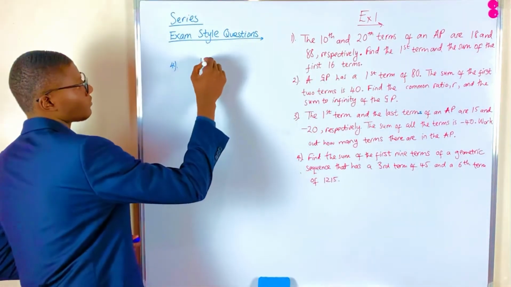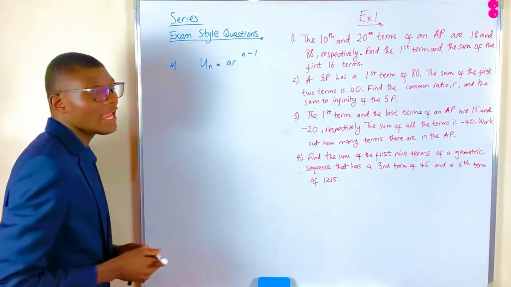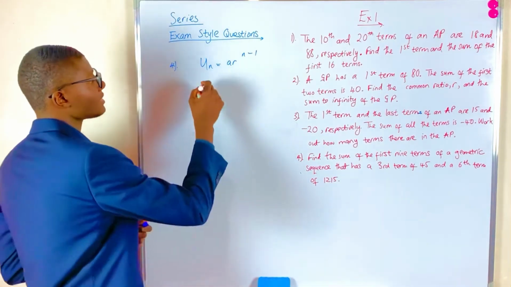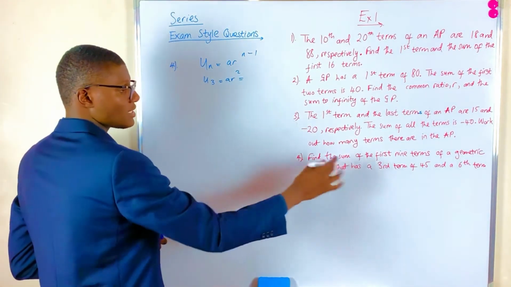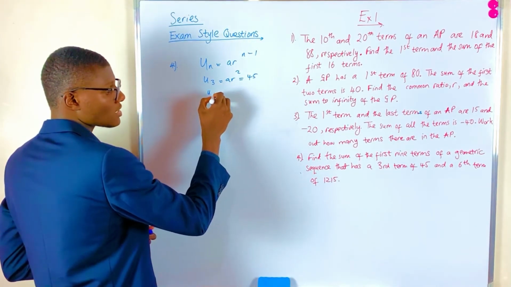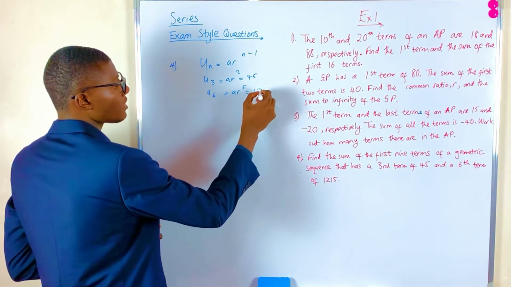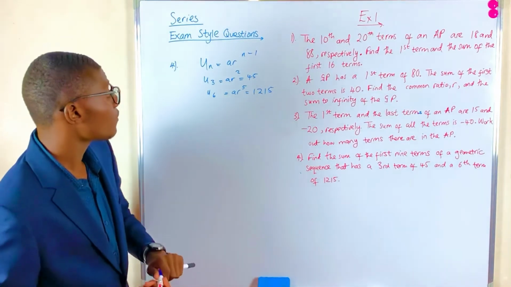The nth term of a GP is given by AR to the power of n minus 1. This implies that the third term, U3, is equal to AR squared, which is equal to 45, and U6, the 6th term, which is AR to the power of 5, is equal to 1215. What are we required to do?